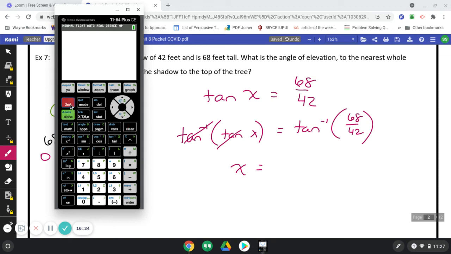Inverse tangent, you'd hit second or shift, and then the tangent, making sure it pops up as tangent to the -1, and then 68 divided by 42. It says round to the nearest whole degree, which would give us 58 degrees.